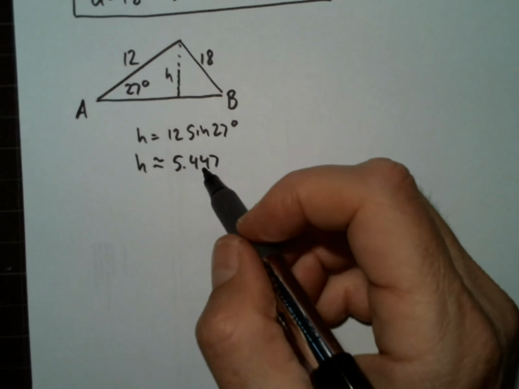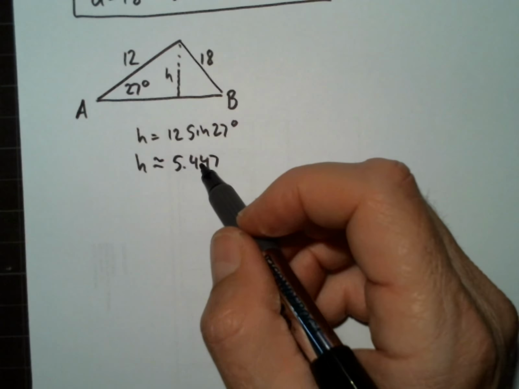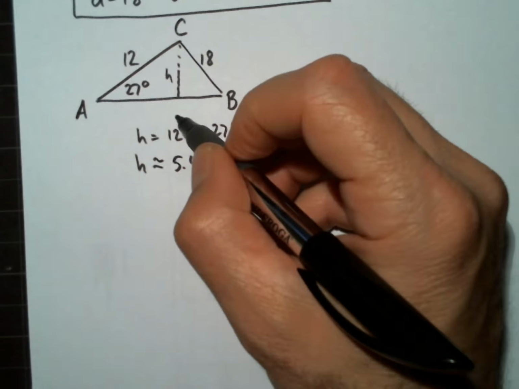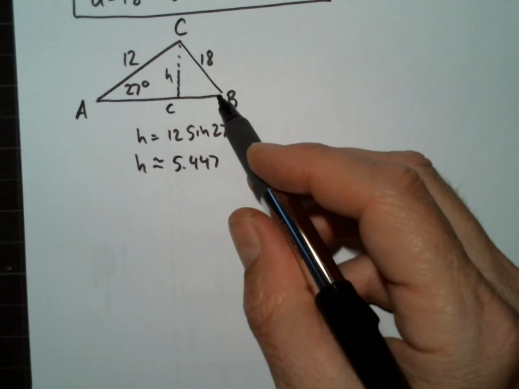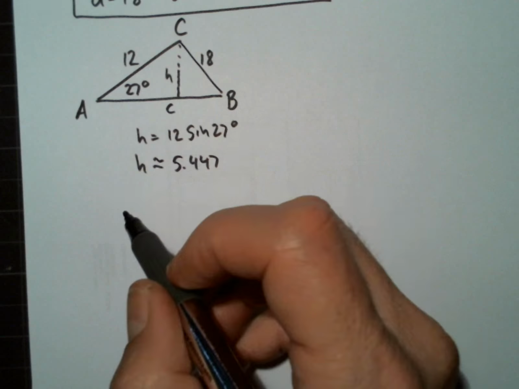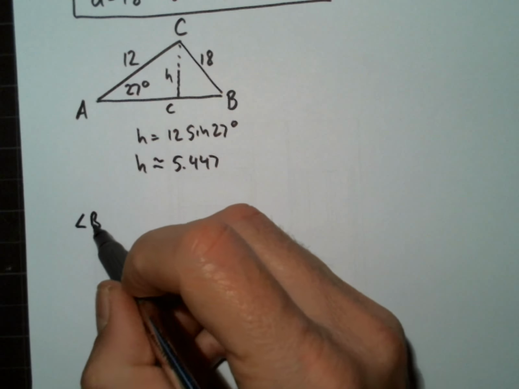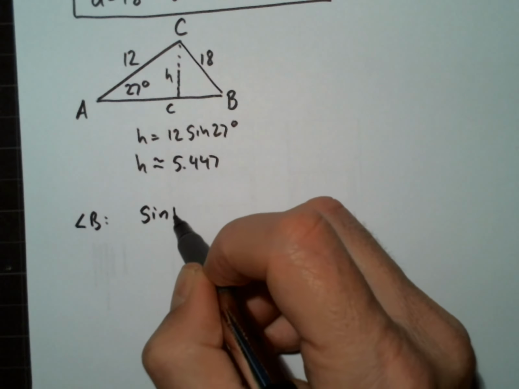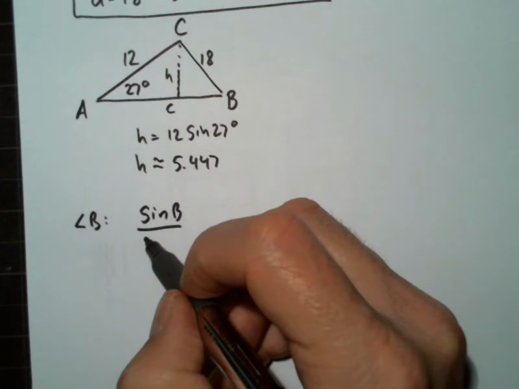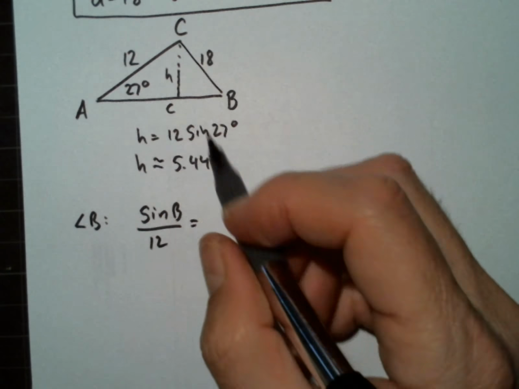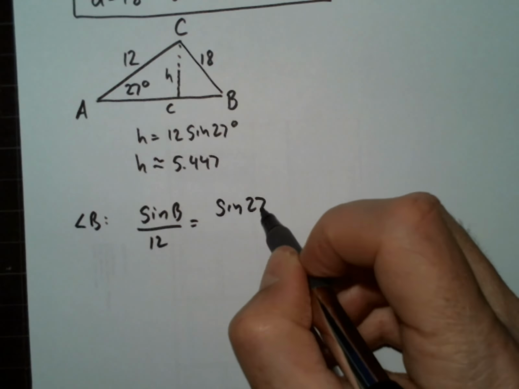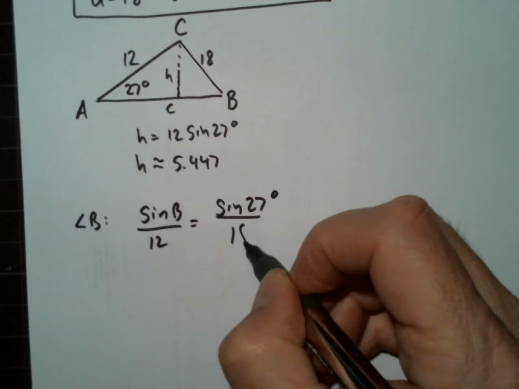So we'll just start solving this. We need to find angle B. To find angle B, we'll go sine B over 12 equals sine 27 over 18.